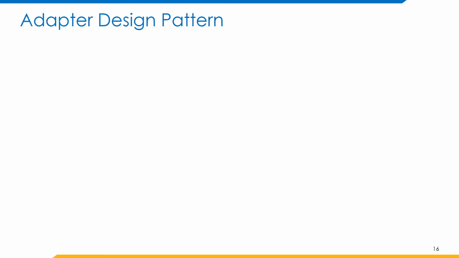In that case, we will implement this design pattern. The adapter design pattern can be implemented in two ways: one, by using the inheritance method, and the other by using the composition method. The difference is the implementation methodology, but the purpose and the solution are the same.